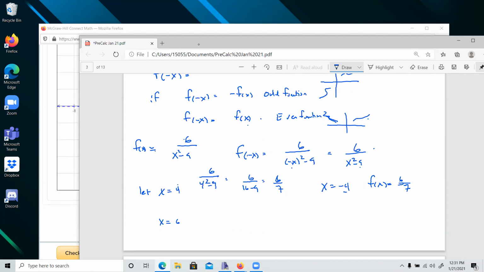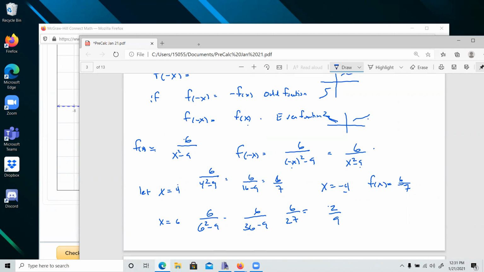Okay, and then we have 6 over 6 squared minus 9. So that's 6 over, 6 squared is 36, minus 9. I believe that is going to give us 6 over 27. We can cast out a 3 here, so we have 2 over 9, I believe.